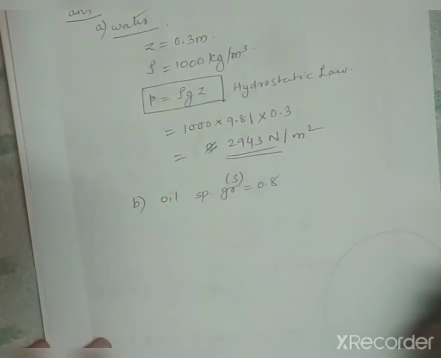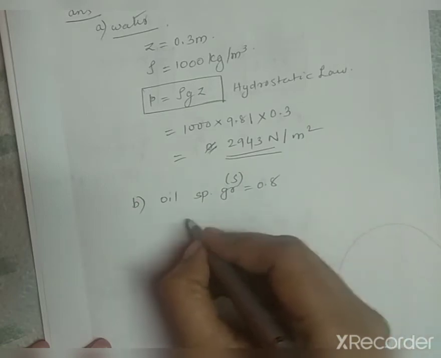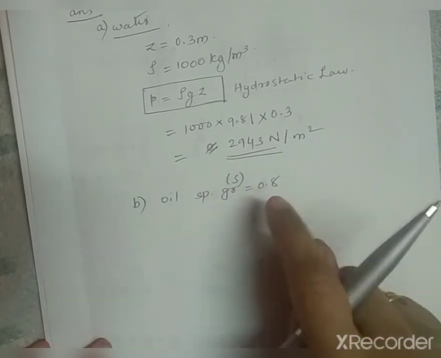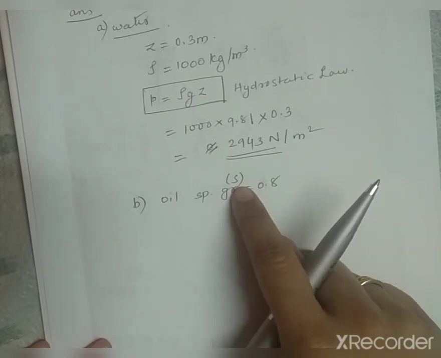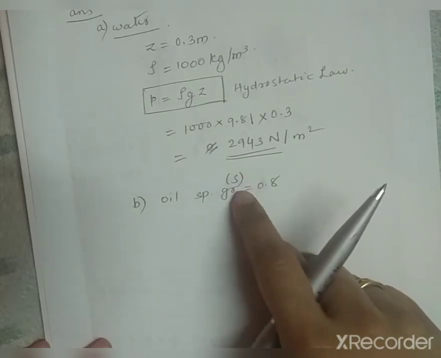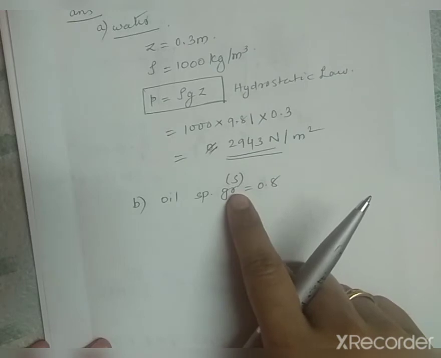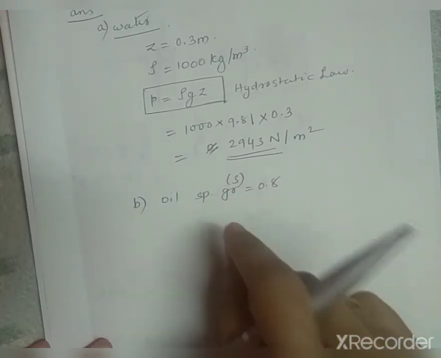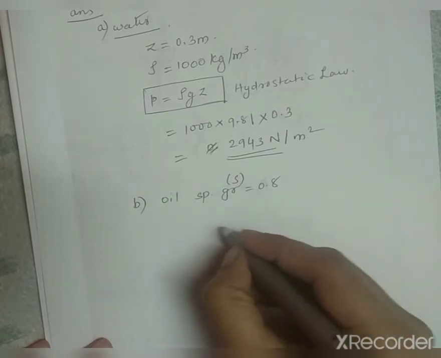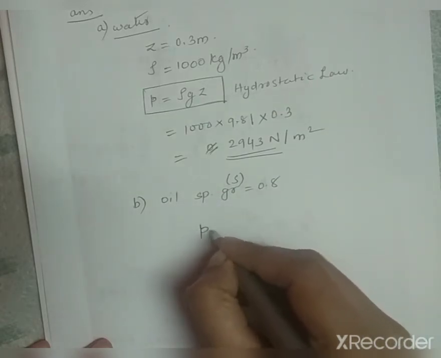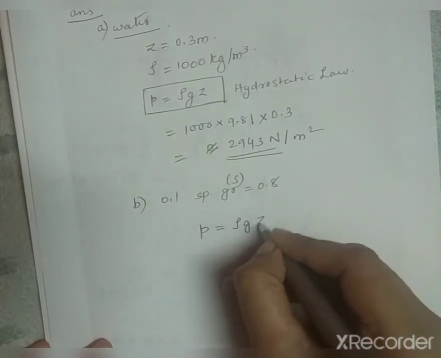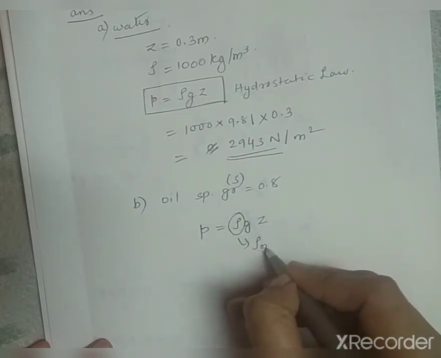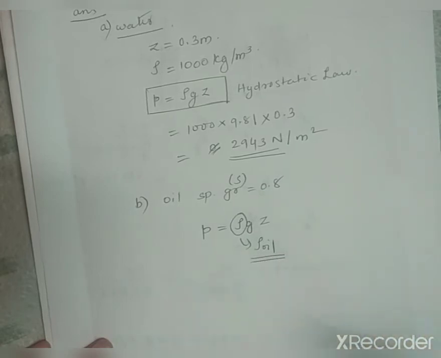Now you have to find out the density of the oil. Only after finding out the density of the oil will you be able to find out the pressure intensity in the oil column. So the equation is P is equal to rho G Z, isn't it?